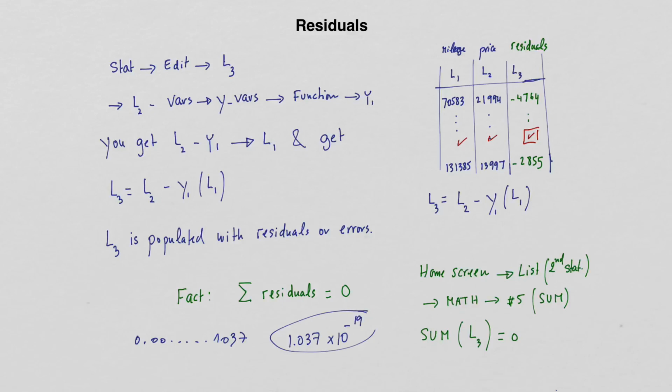The reason it's not going to give you exactly 0 is because all the numbers that are written here had some decimals cut off. The calculator can only handle so many digits. But if I wrote all the digits for the residuals and you added them up, you would get 0. That's a fact, okay? So if you get a number really close to 0, you know you are correct.